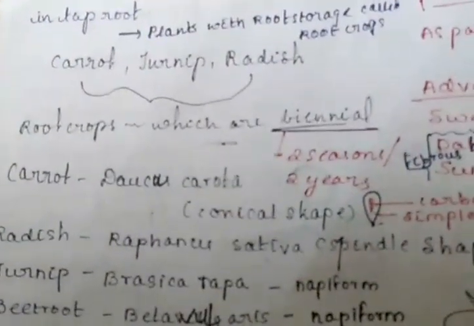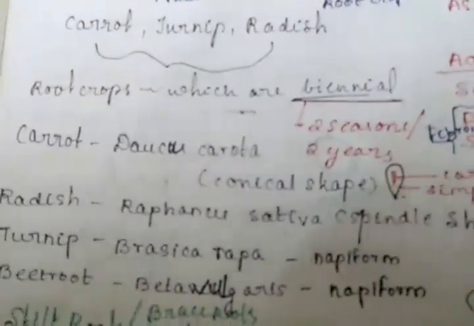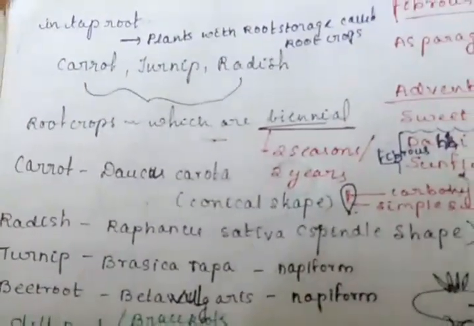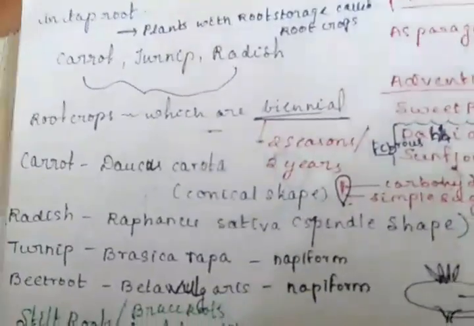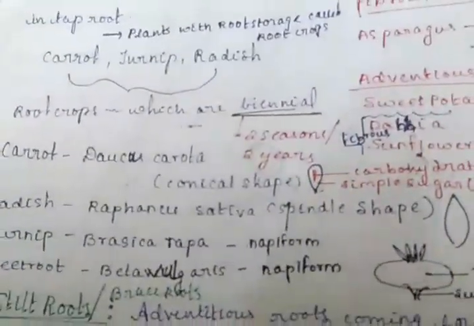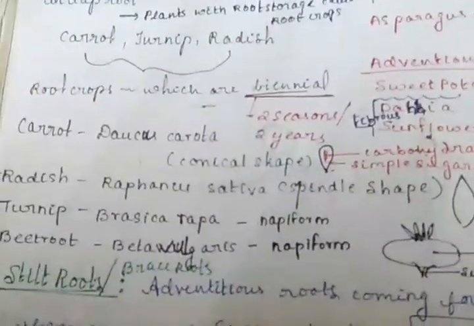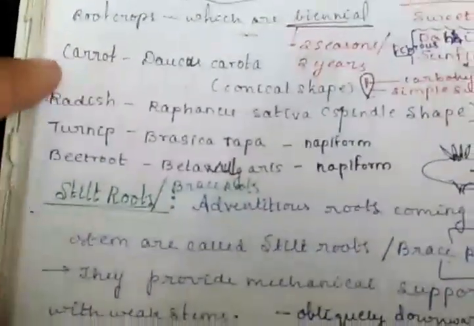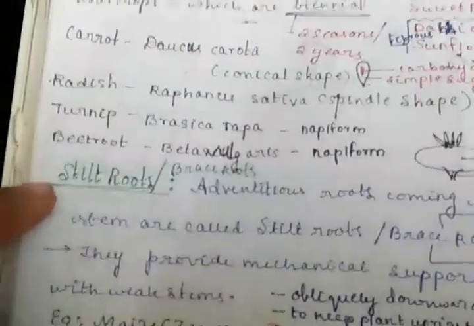Root crops are biennial. What is biennial? The term biennial suggests that it grows in 2 seasons or 2 years. Plants with root storage which grow in 2 seasons and 2 years are called root crops. These are storage roots: carrot, radish, turnip, beetroot also. In exam they may ask you what is the scientific name of carrot.